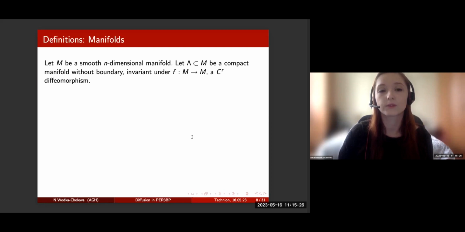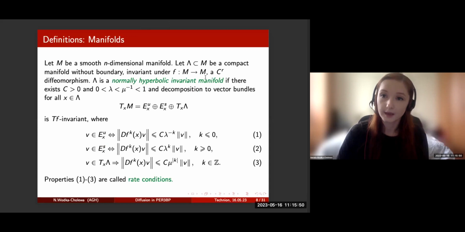Okay, so we have a smooth n-dimensional manifold, and we take a compact submanifold without boundary, and it will be invariant. So lambda for me will be an invariant manifold under some diffeomorphism. It's like a smooth C^r class diffeomorphism.